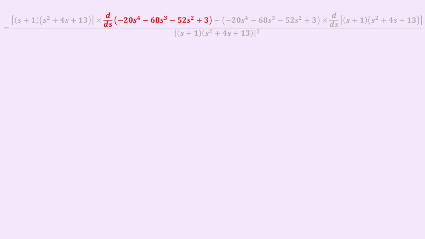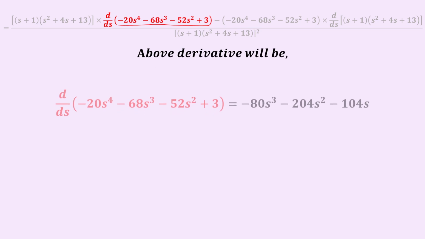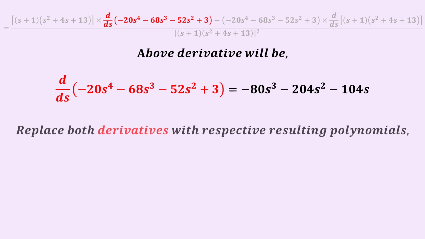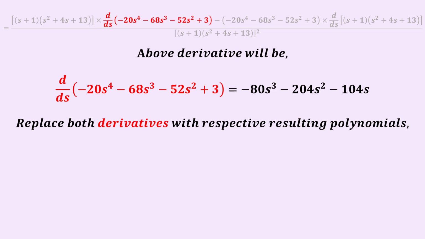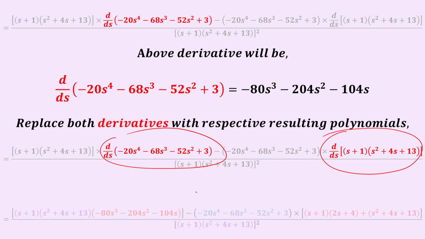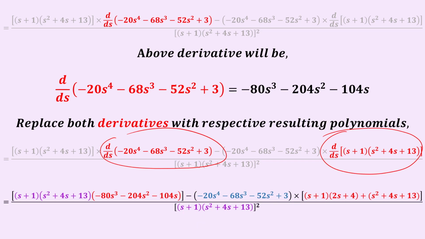In the next step, we have to take the derivative of this polynomial, which will give us a resultant polynomial. Now we have to replace both these derivatives with their respective resulting polynomials. So these two derivatives will be replaced by their results, and finally we will get this equation at the left hand side of this overall derivative equation.